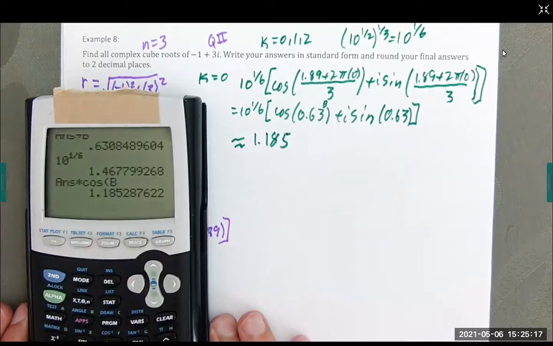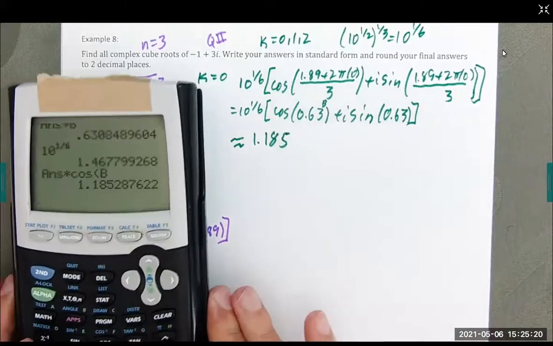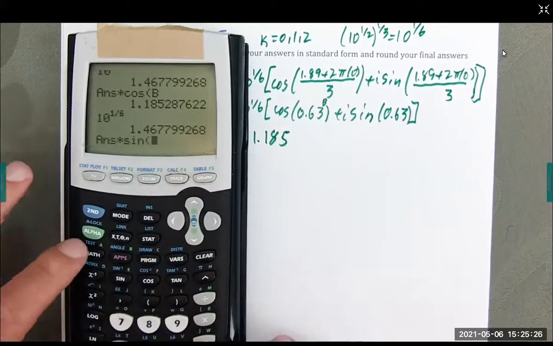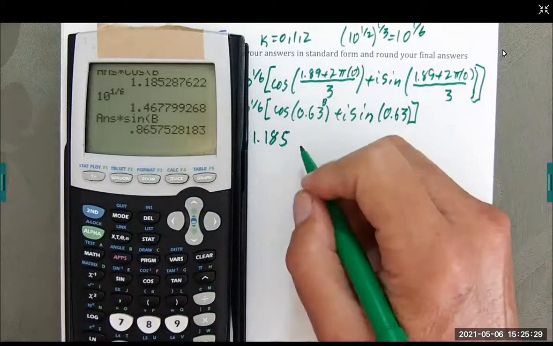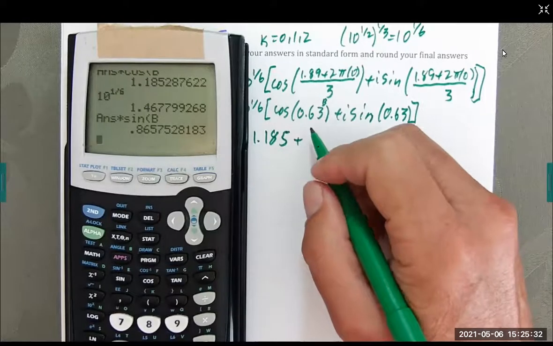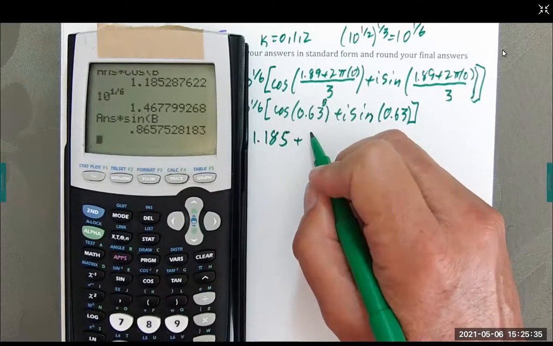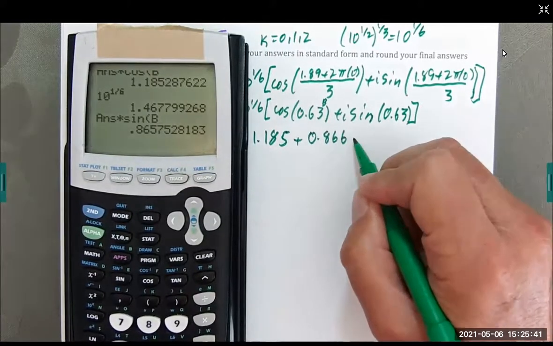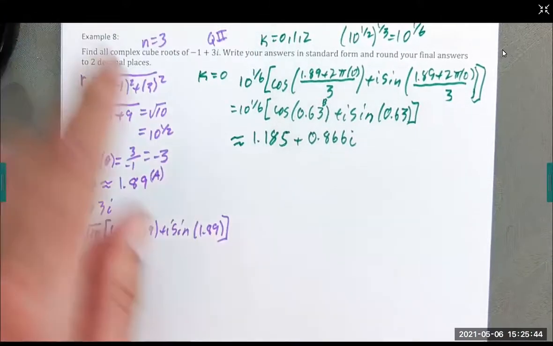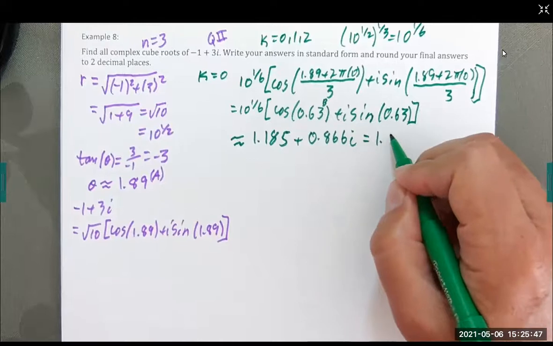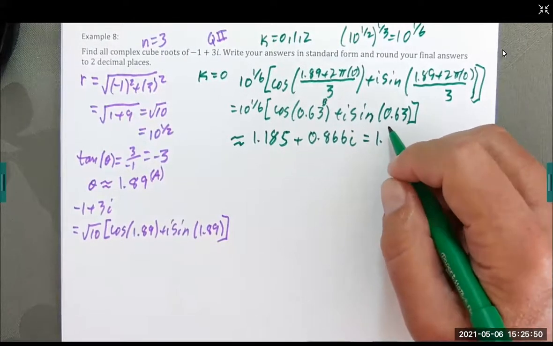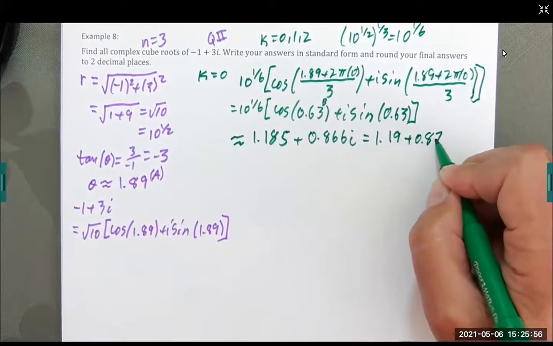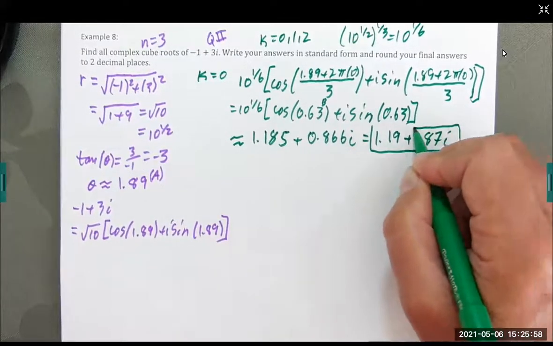Oh, it says around 2 decimal places. That's okay. Next, I'm going to do 10 raised to the 1/6 power times the sine of B. 0.866, we'll say i. And it says round to 2 decimal places, so I could round this off even further. So 1.19 plus 0.87i. There's my first answer.